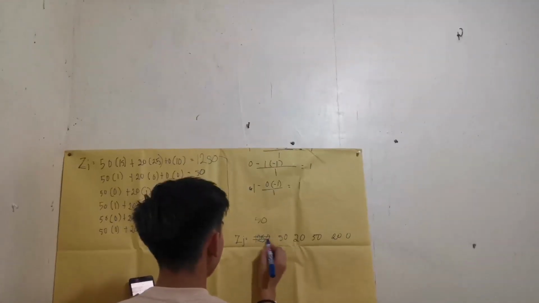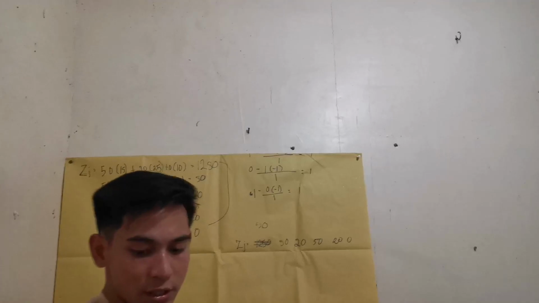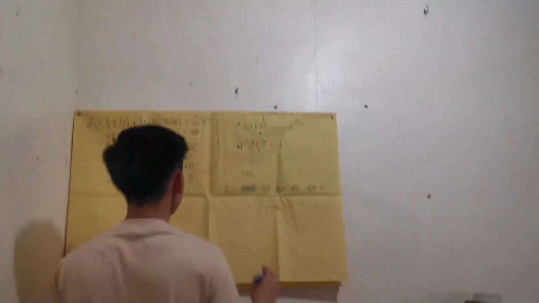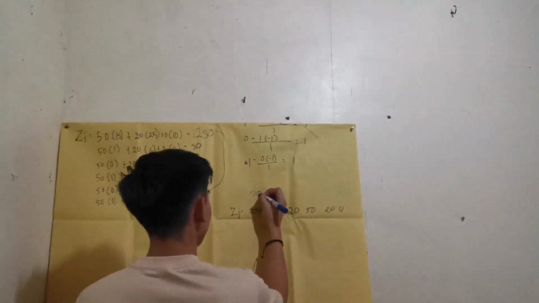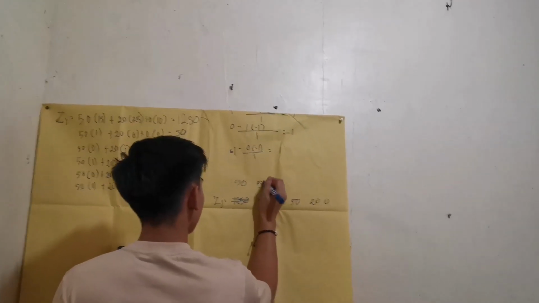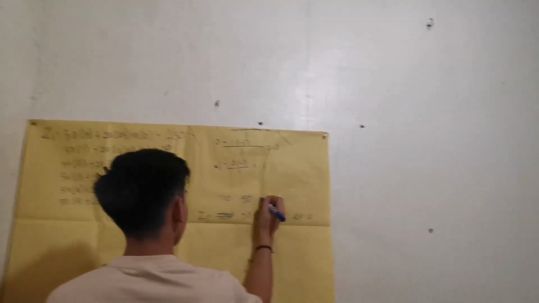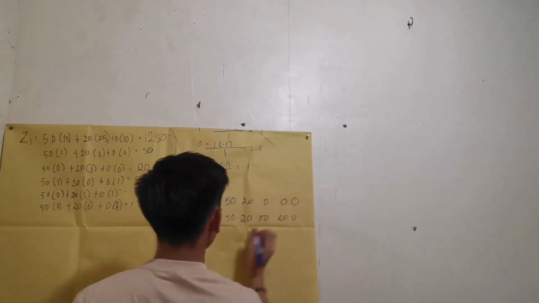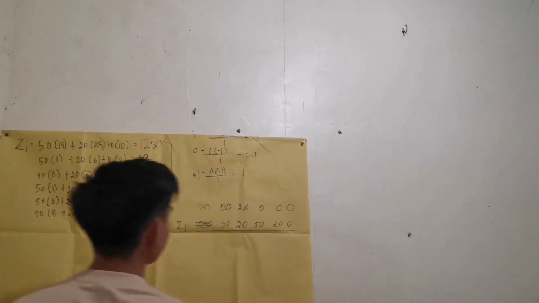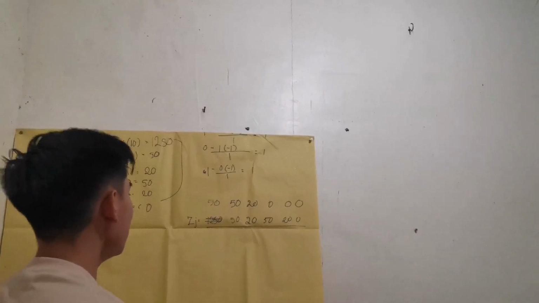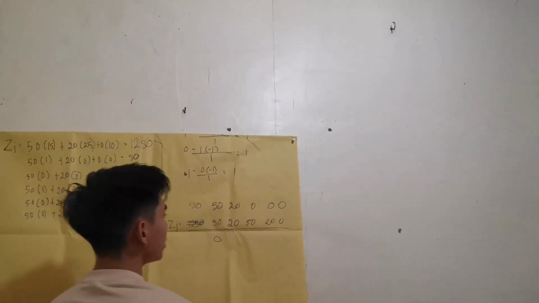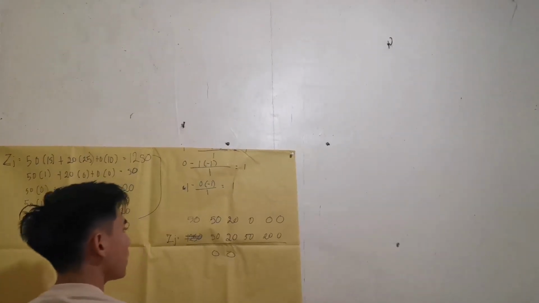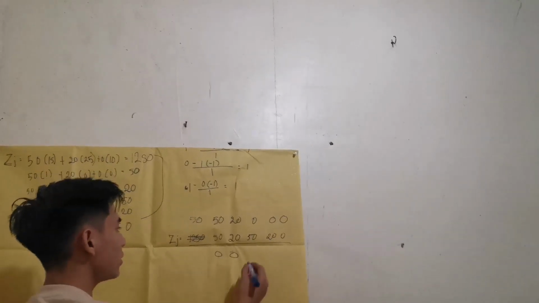Wala na to kasi, 5 lang naman din yung sa C sub J and sa Z sub J. So, i-minus natin to. So, 50 minus 50 is 0. 20 minus 20 is 0. 0 minus 50 is negative 50.